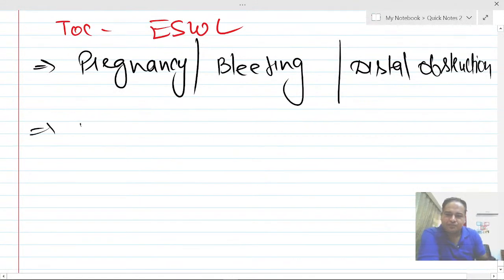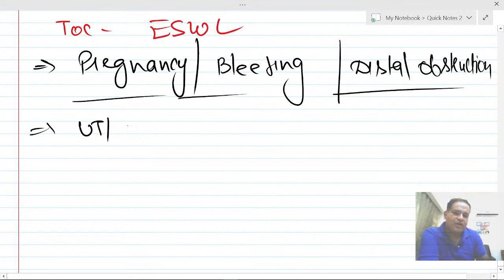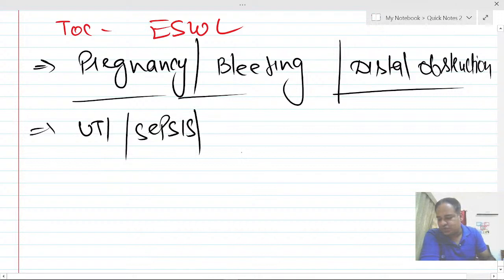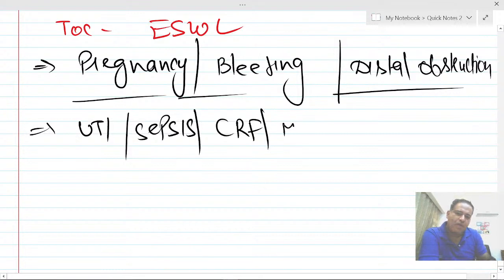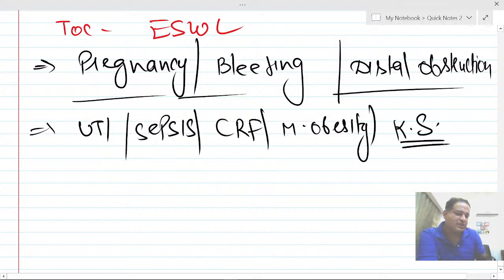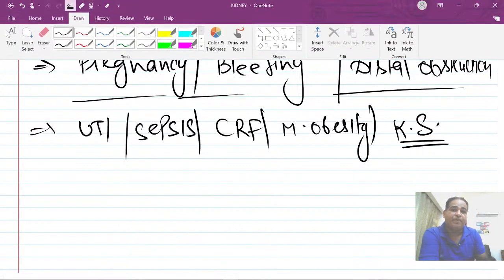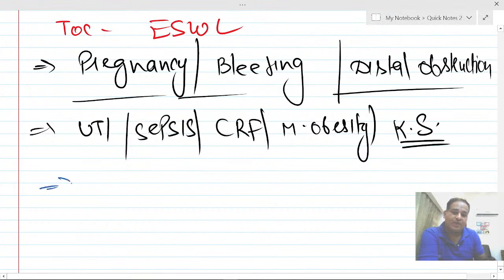Next, your patient may be suffering from urinary tract infection. Your patient may be suffering from generalized sepsis. Your patient may be suffering from chronic renal failure. Morbid obesity, severe kyphoscoliosis. You may not be able to position your patient properly.